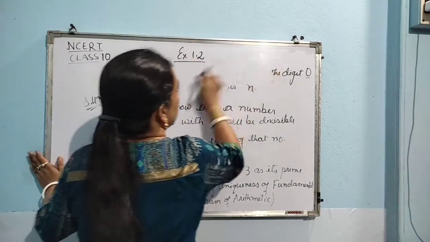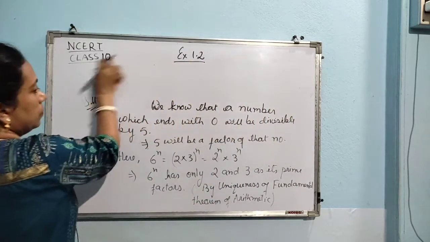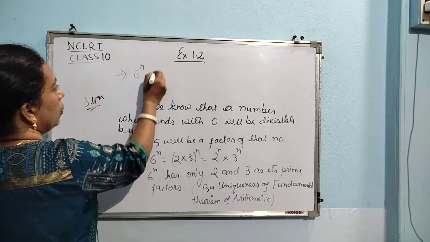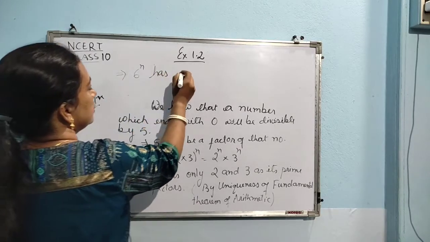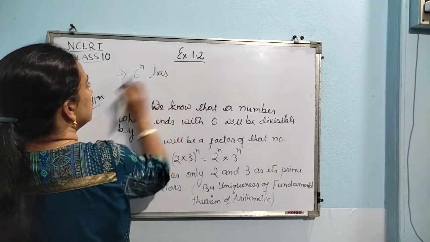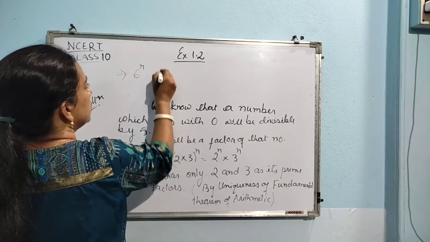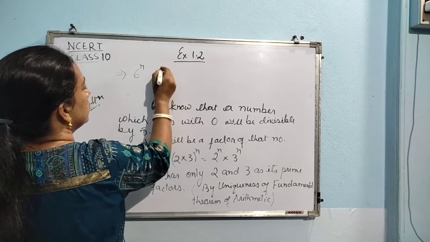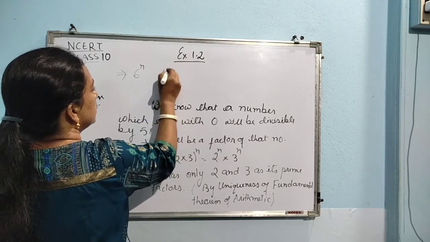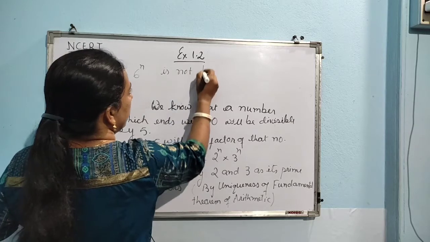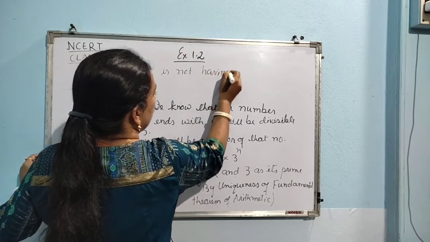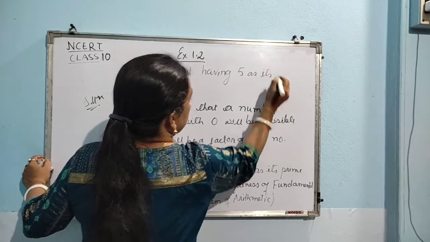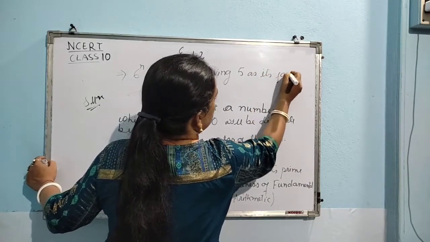So it implies that 6 to the power of n is not having 5 as its factor.